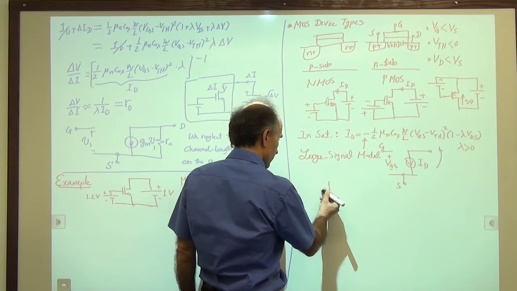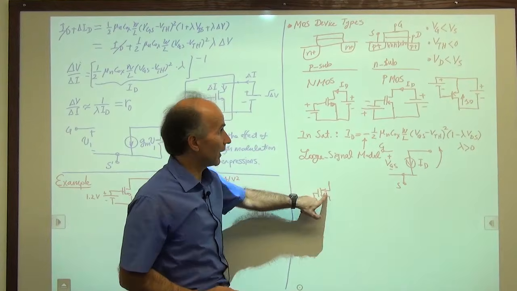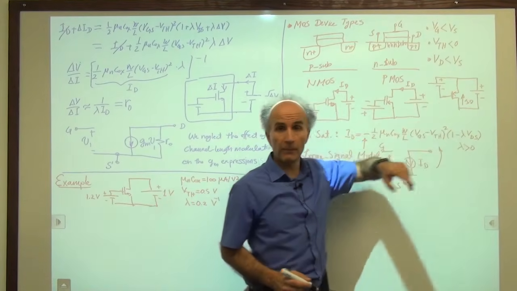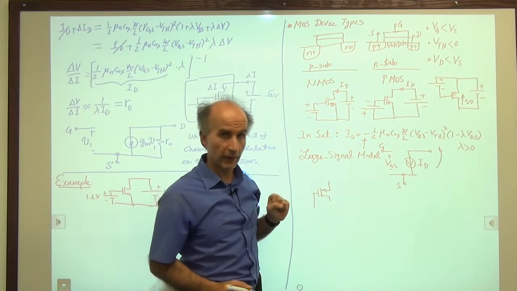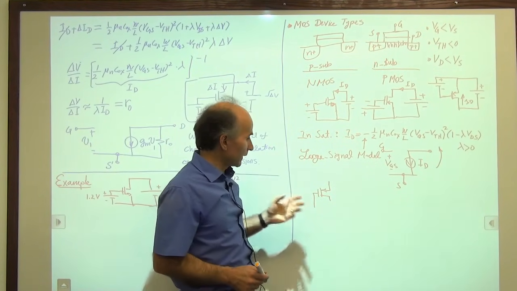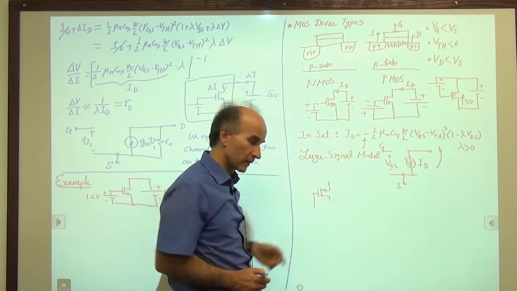A PMOS device, we draw it like this. So I place the source on top because I would like to keep my positive voltages on top of the page. Okay, so what condition places this in triode region?